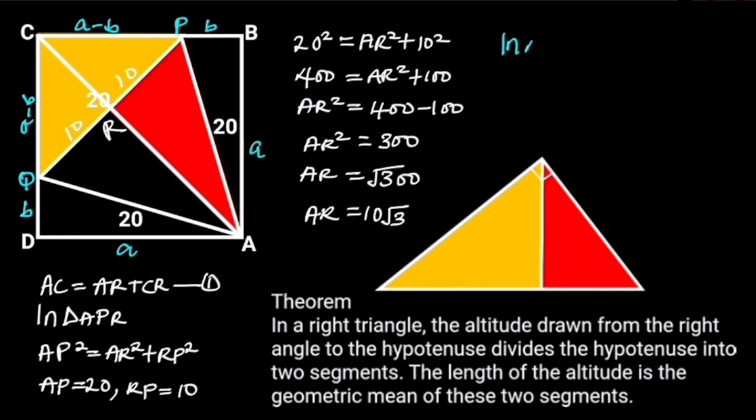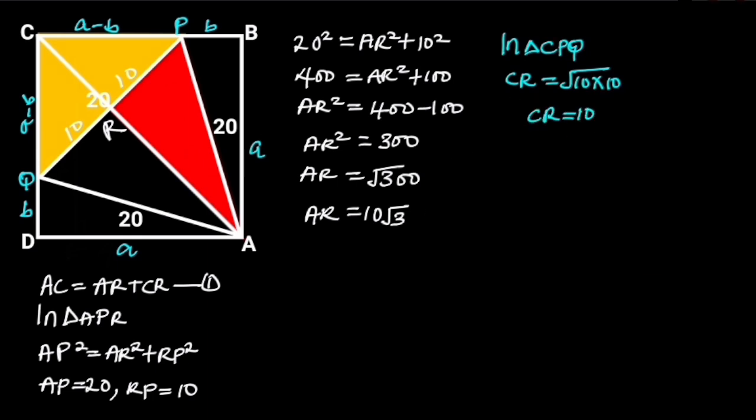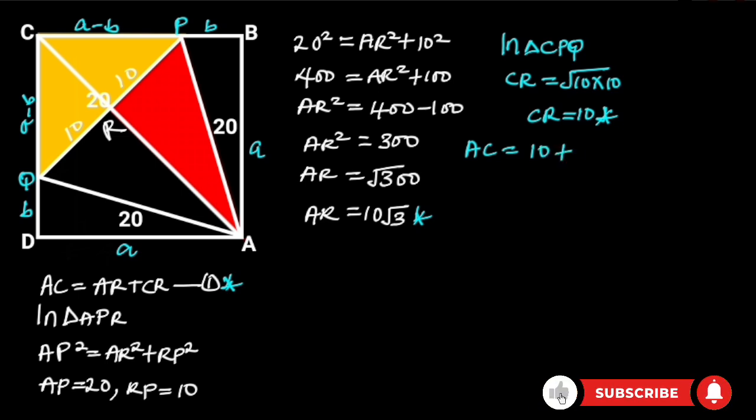From this theorem, it follows that CR is equal to the square root of 10 times 10. The square root of 10 times 10 is 10. So, CR is equal to 10. Now we know the value of AR and CR. Substituting their values in equation 1 will give us AC is equal to 10 plus 10 root 3.